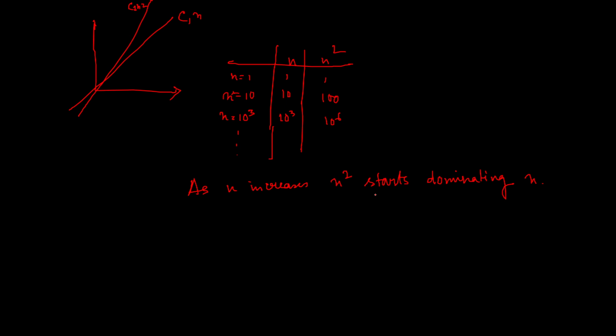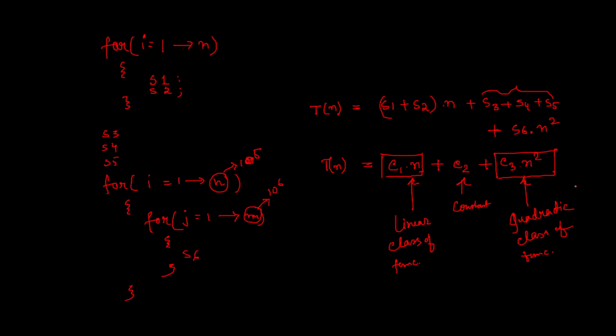So that means with respect to this class of function, if you take among these two different terms in the function, this C3 n square term will start dominating this term for a very large value of n.